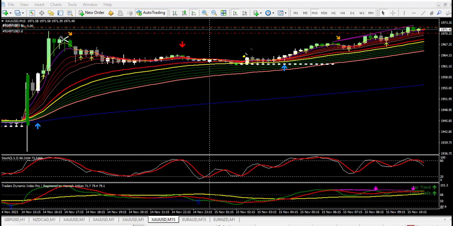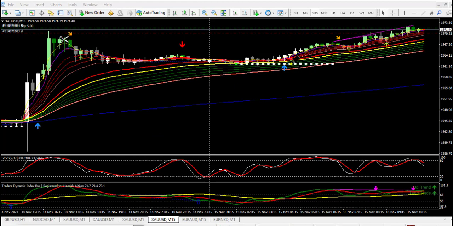So you can enter more trade here at this particular point, and your stop loss will just be few pips below this and not here. This is too wide for me, so I'm not going to place my stop loss here. I will place it at this particular point and ride the trend. And this is how to do that.